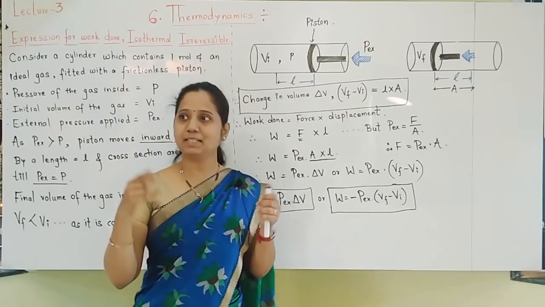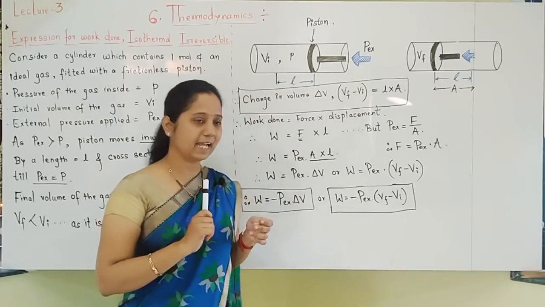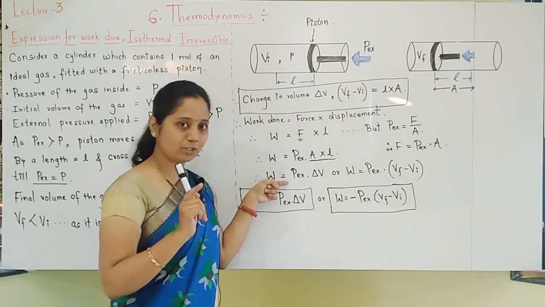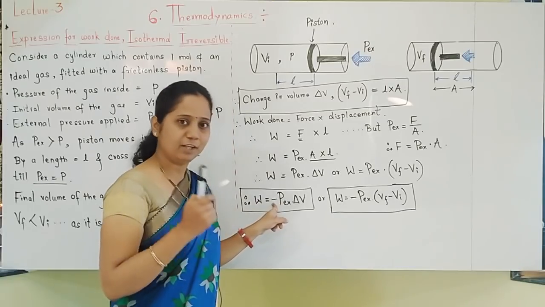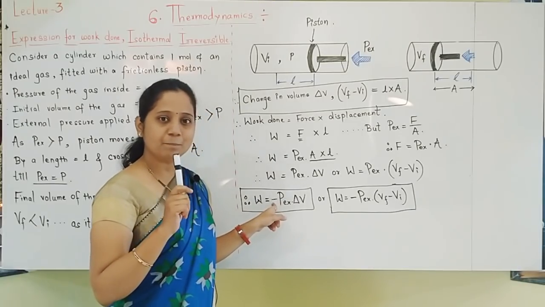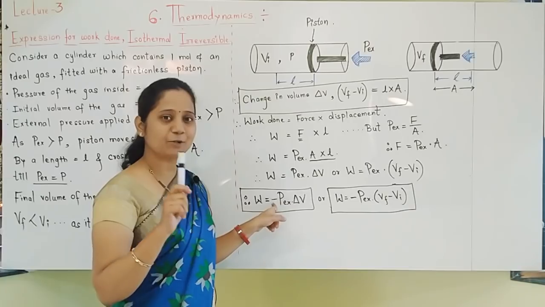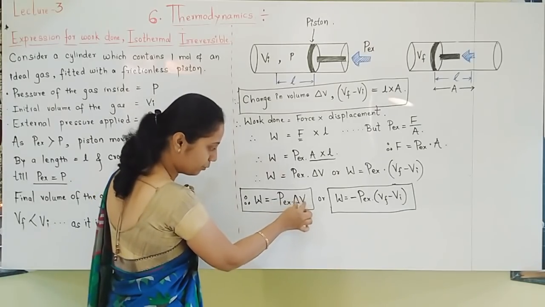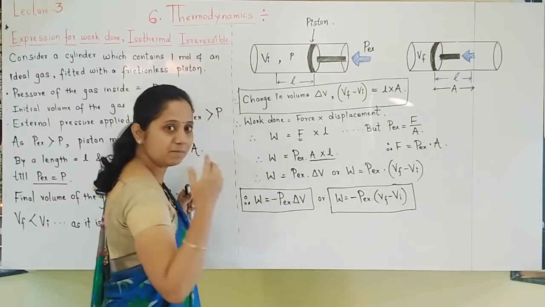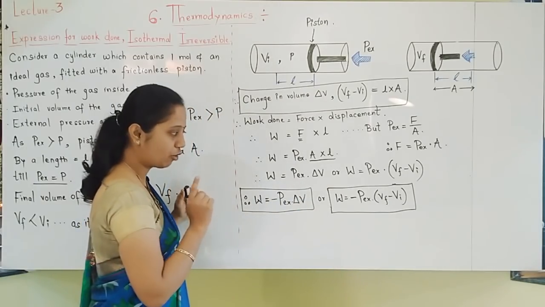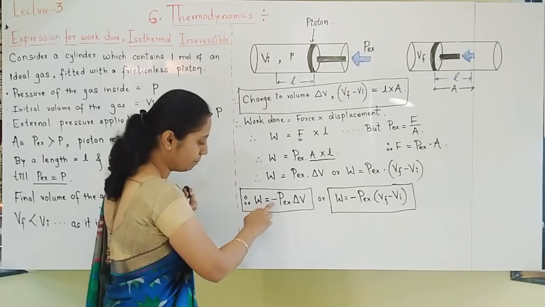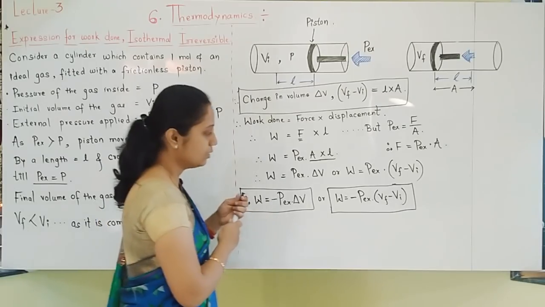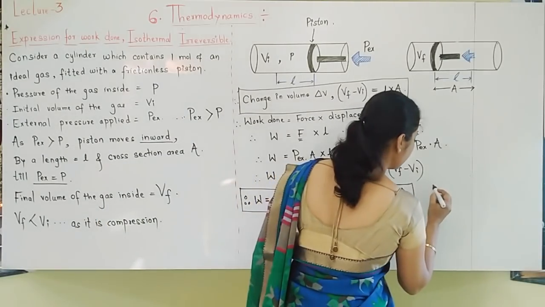So we have to make it positive. It is never possible that work done is negative, and that's why to make this positive we put a minus sign. Of course you know that minus into minus is plus, negative into negative is always positive. This delta V becomes negative. Negative negative becomes positive. So for compression always write the minus sign. Why did I write the minus sign, students?